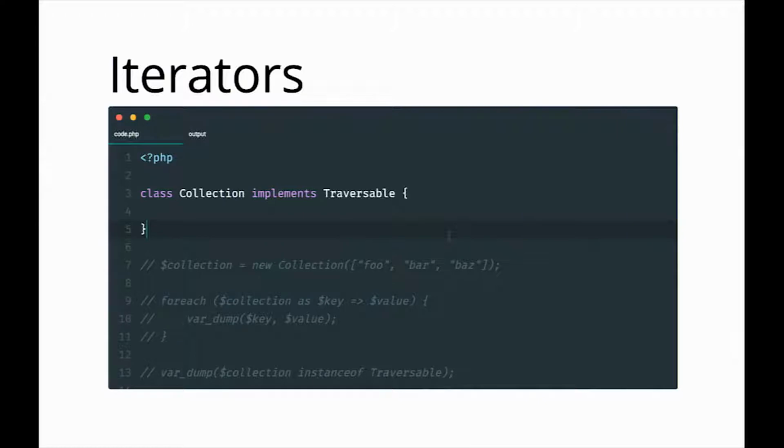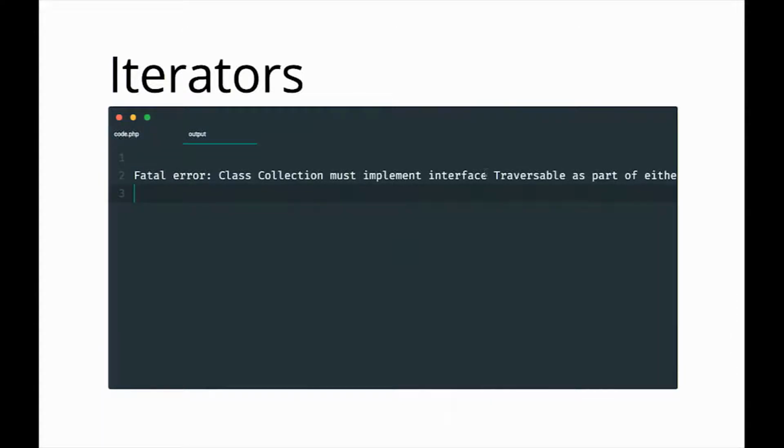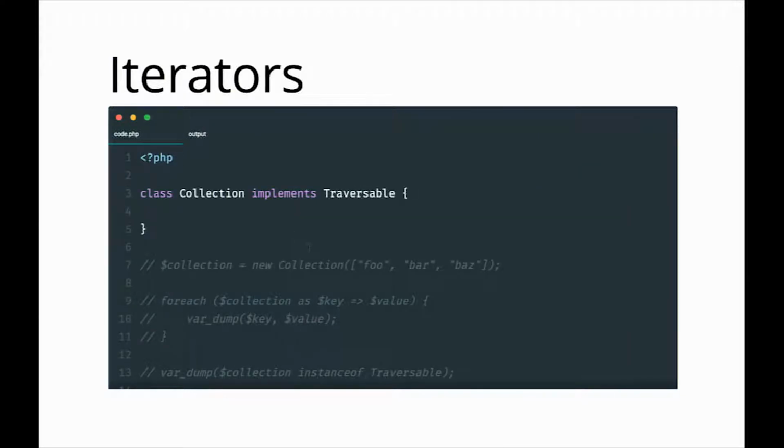Of course, if you do that and you try and run that code, you're going to get an error, because Traversable isn't a normal kind of interface. The error will tell you where to look: implement Iterator or implement IteratorAggregate. These are tools we can use if we implement them correctly to make our own array-like thing and to be able to extend it with our own functionality, to chain method calls and so forth.